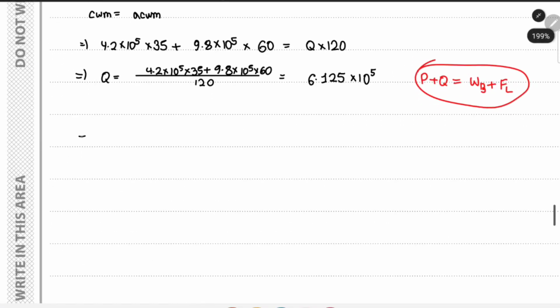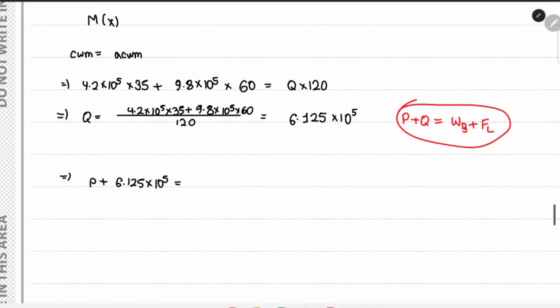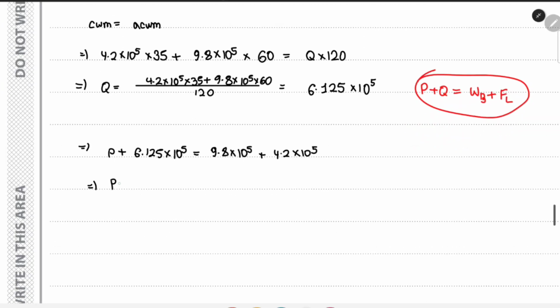So if we come over here, we get P plus 6.125 × 10^5 equals the weight of the bridge, 9.8 × 10^5, plus the weight of the lorry, or the force from the lorry, 4.2 × 10^5.